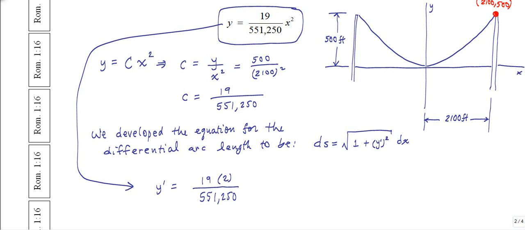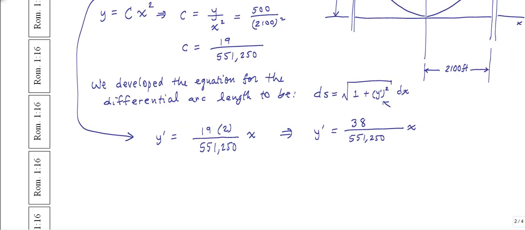So we have 19 times 2 on the top times x, and then we knock the 2 down by 1, so it's x to the first power. Okay, and so you could say that y prime is 38 over 551,250 times x, but really what we want is y prime squared, so let me go ahead and do that.